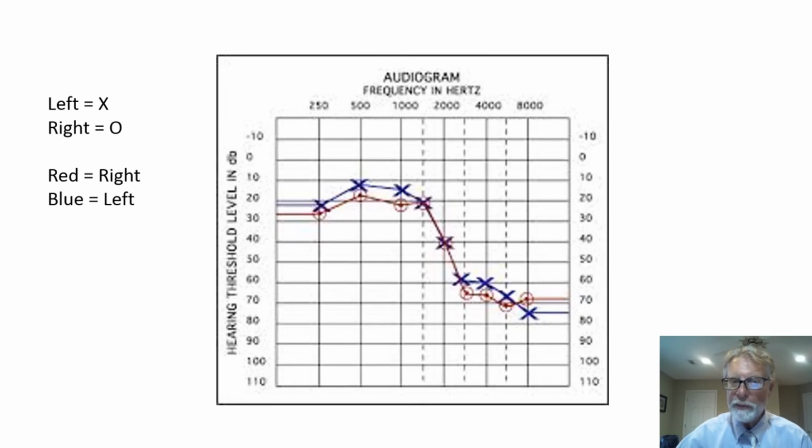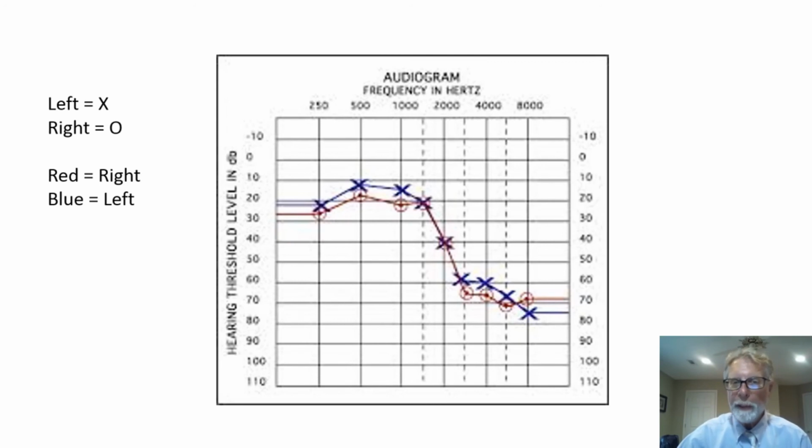The octave is a doubling from 250 up to 8000. And in the higher frequency range, there are actually half octaves: 1500, 3000, 6000. They're half octaves. There's a half octave between 500 and 1000 too, 750 if you wanted to do that.